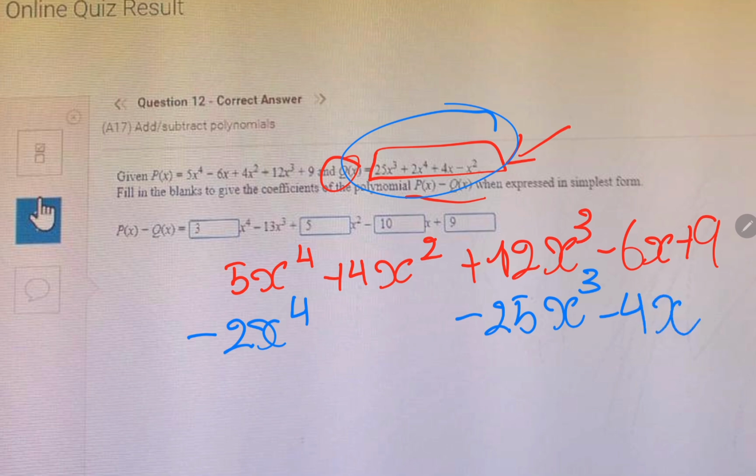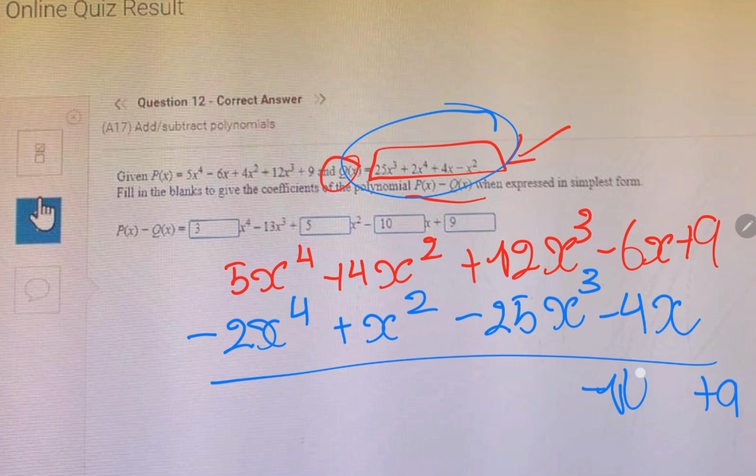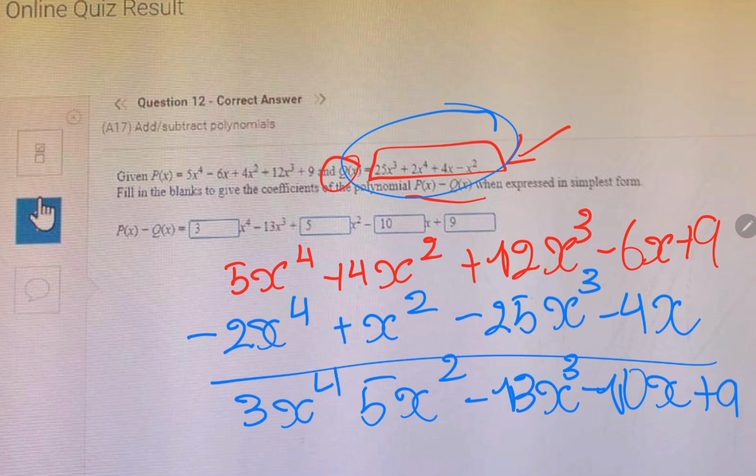And negative x squared, we put it under 4x squared and we change the sign. Now we add: 9 stays 9, minus 10x, minus 13x to the power of 3, 5x to the power of 2, and 3x to the power of 4.